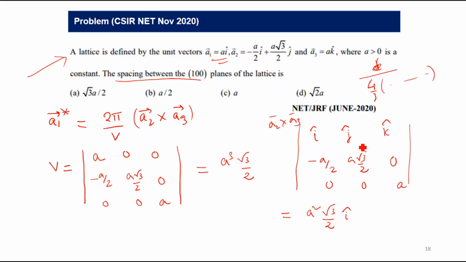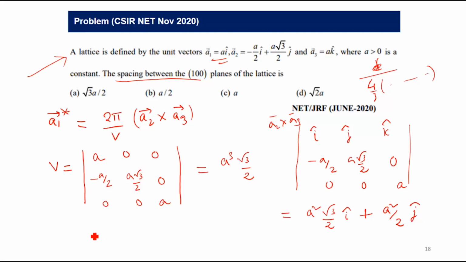K will be 0, but something will be there for J. So J will be this into this, 0, plus A square by 2. Is this right? Yes, sir. Okay.